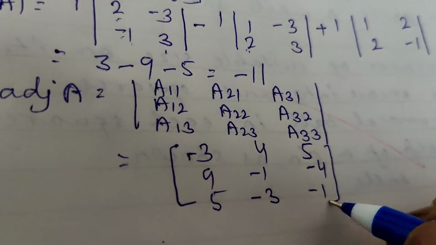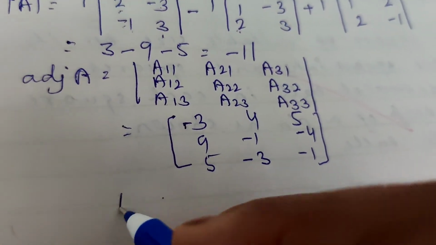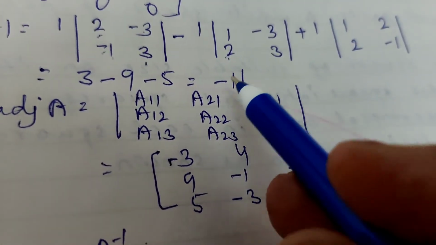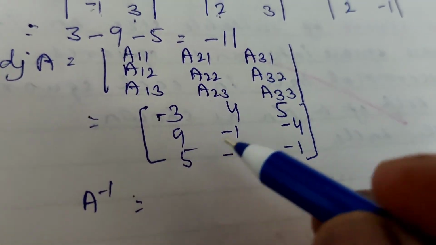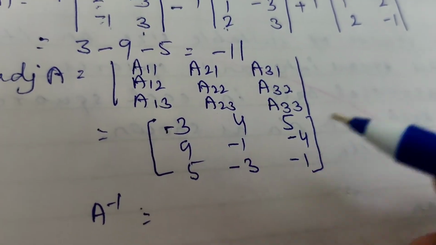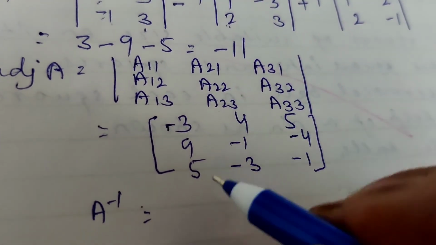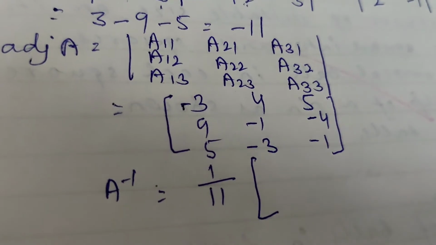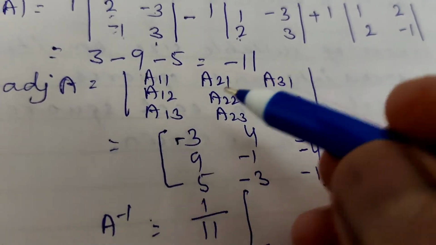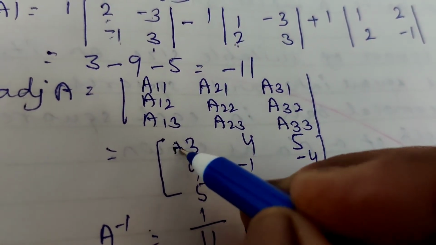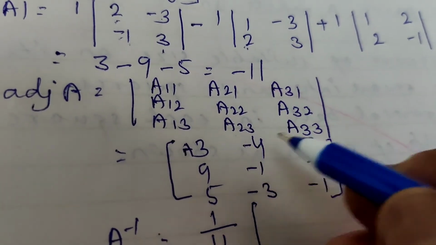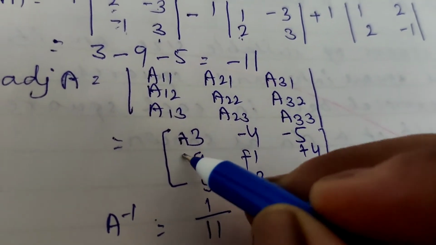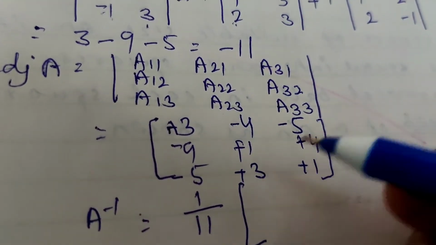Okay, and that A inverse is minus 1 by 11. It means the minus symbol, rather 1 by 11. And it will be 3, minus 4 symbol change, minus plus only, because the minus 1 is gone.